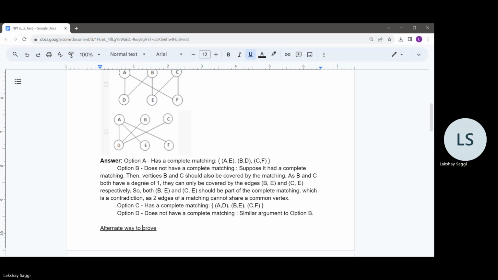This is not an alternate, but rather a better way to prove that a bipartite graph does not contain a complete matching.